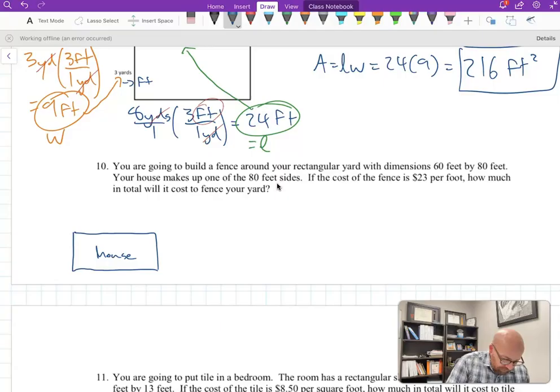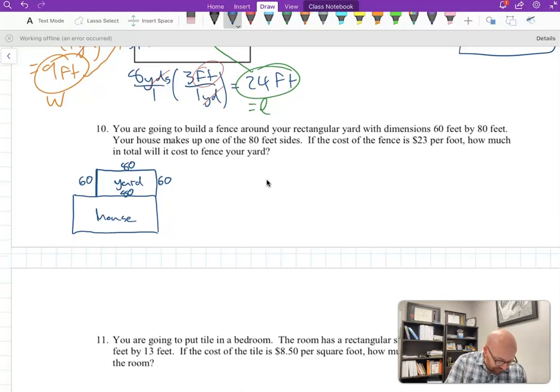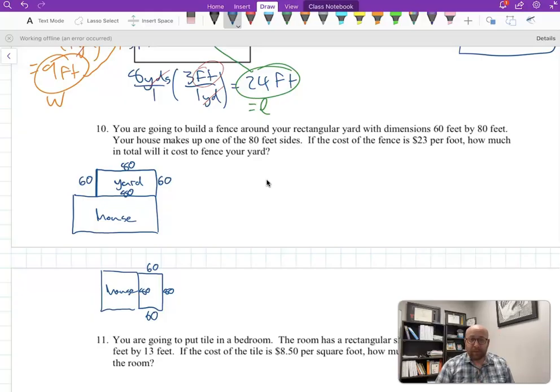So, for example, this could be your yard where the house makes up one side of the yard, so this would be 80 feet, this would be 80 feet, 60 feet, and 60 feet. Another version of this picture is, you could have a house like this, and your yard be like this, where this is 80, 80, 60, 60.